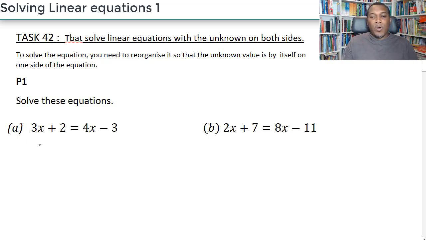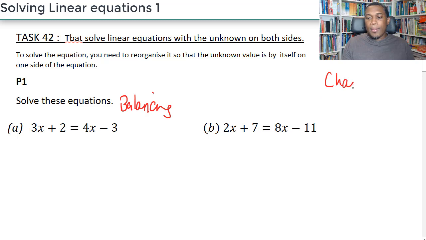Let's use balancing for A. If you want to go for it, pause and have a go. Compare what you do against what I do. Or as soon as I start, get your aha moment, stop me and do it and compare answers at the end. I'm going to use balancing for A, and then I'll use change the side, change the sign for B. I'll write that in as text to make it look nicer.